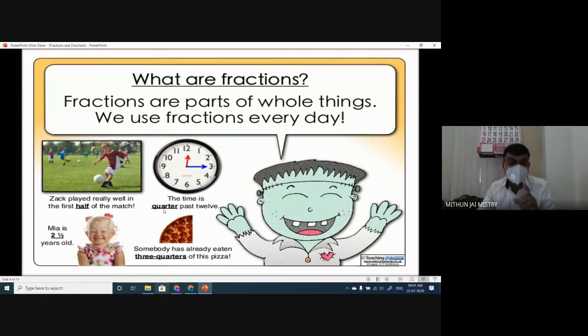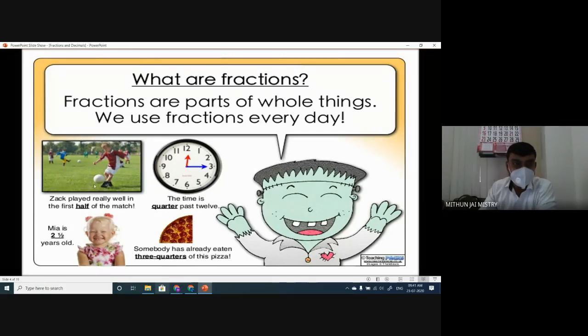So here quarter is nothing but a part. What part? 1 by 4, if the total clock is divided into 4 parts, right? The total clock has 60 minutes. Half of 60 minutes is 30 minutes. Now again, half of 30 minutes is 15 minutes. So 15 minutes is nothing but a quarter of a clock.